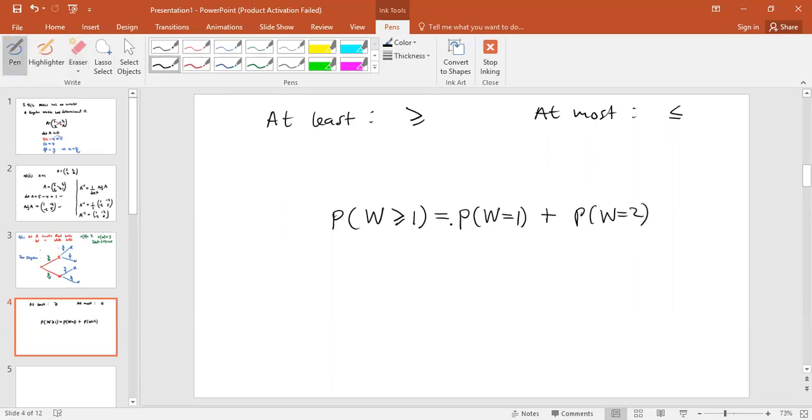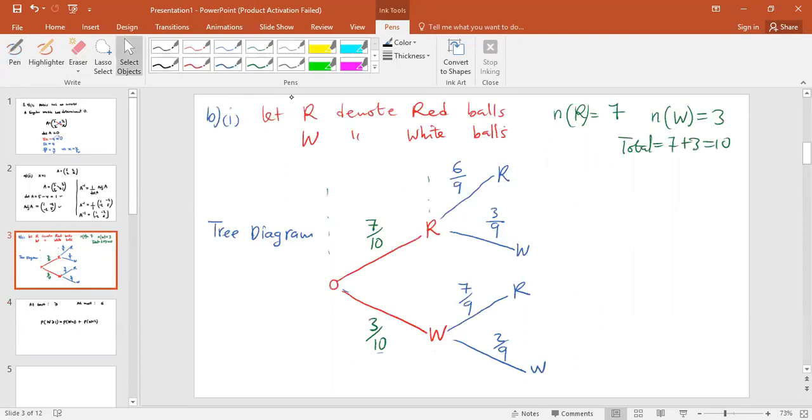So we are going to go to the tree diagram for easier understanding. If we said at least one white ball, there is a possibility we can have the red one at first, then the white. So this is red and white.